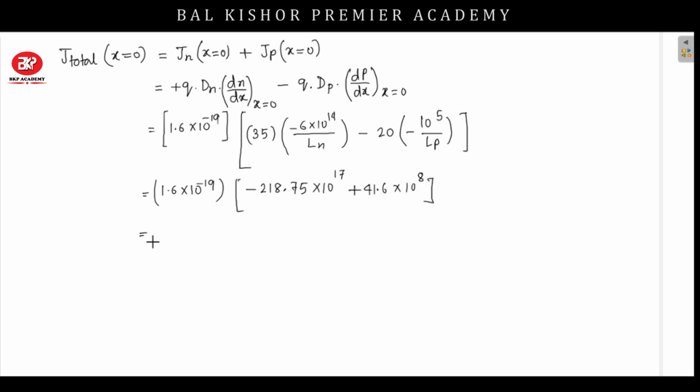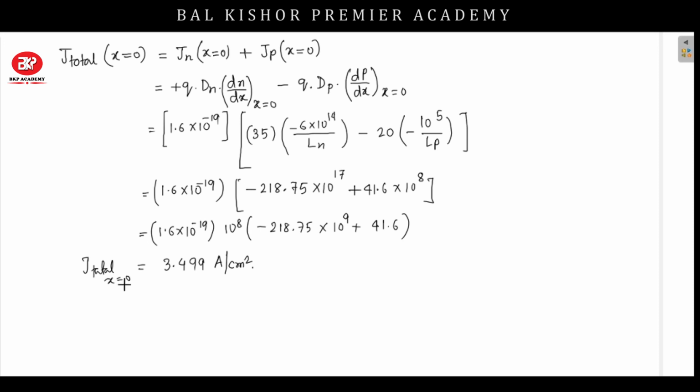So ultimately we will get 1.6 into 10 to the power -19, and if we take 10 to the power 8 common, it will be -218.75 into 10 to the power 9 plus 41.6. So if we calculate, ultimately we'll get 3.499 ampere per centimeter square. So this is the value of J total at x equals to 0.